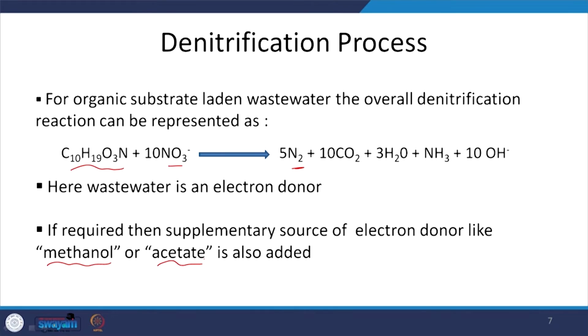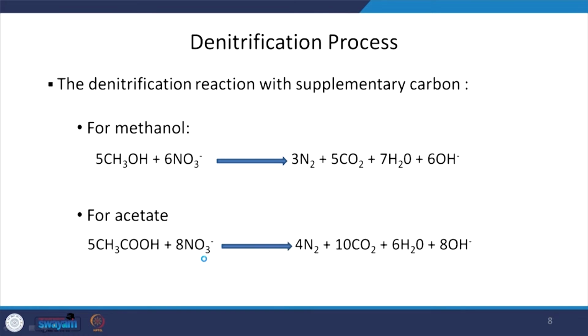Methanol or acetate is added sometimes. Here is the relevant redox reaction: CH3OH and CH3COOH, carbon is being oxidized and nitrate is being reduced. So that's the electron transfer.